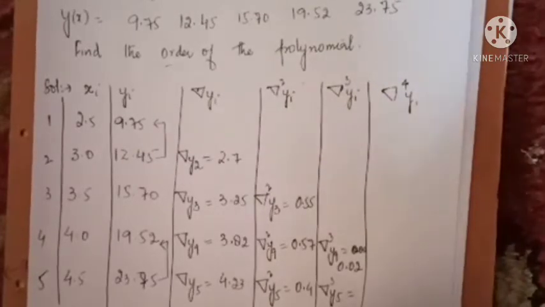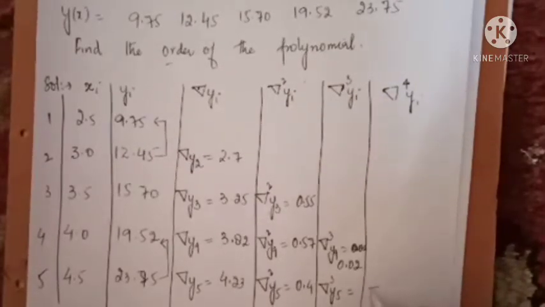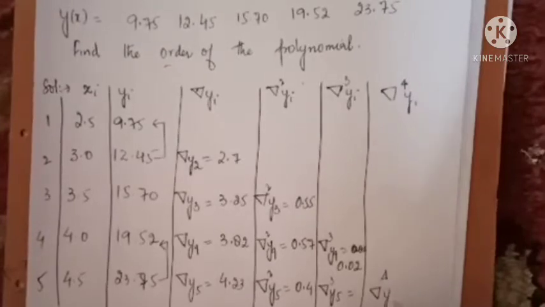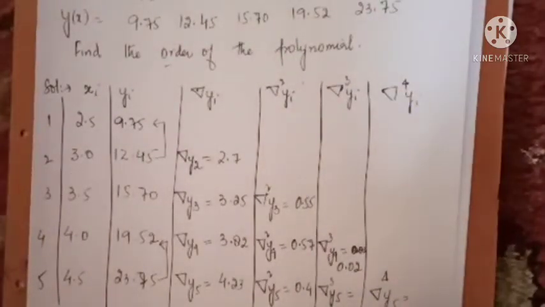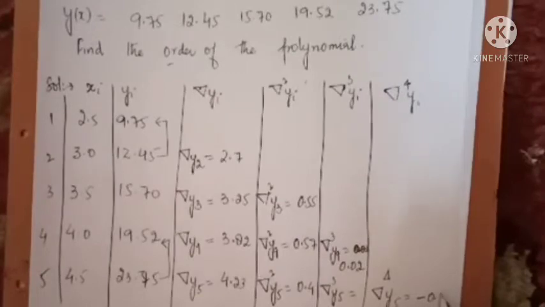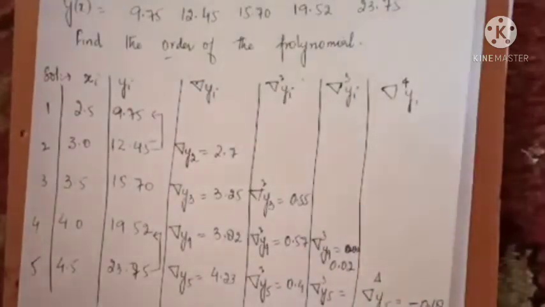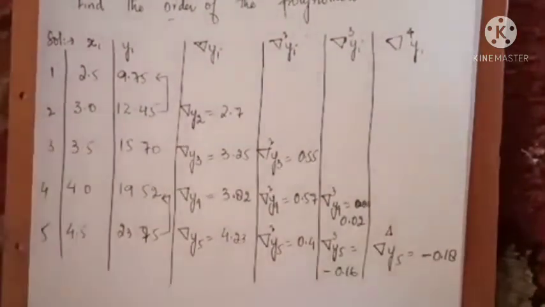Then the last, there will be only one difference left, so we have to make sure we write it here in the lower half of the table. So minus 0.16 minus 0.02. The result will be equal to minus 0.18. And this is the table which we constructed.